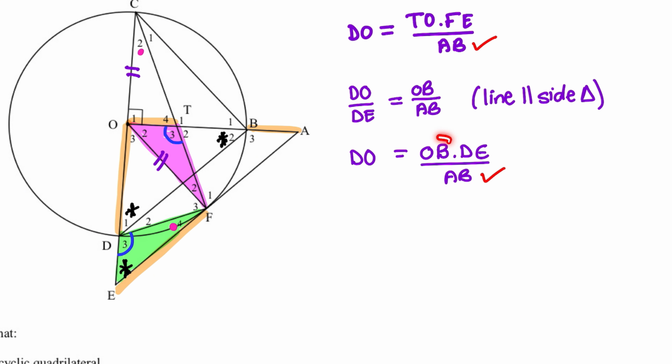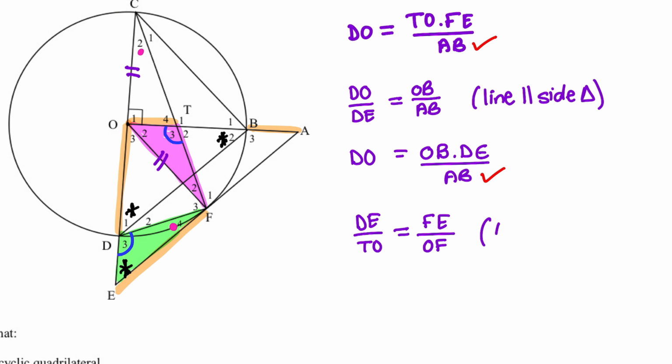So at the moment, I don't want to work with OB because it's not connected to anything that I've proven before. But I see that DE is connected to the similar triangles that I've proven in a previous question. So I know that DE over TO is equal to FE over OF, and this is from the similar triangles.